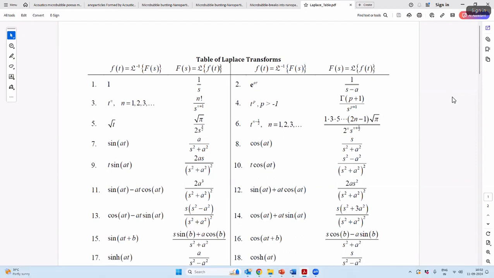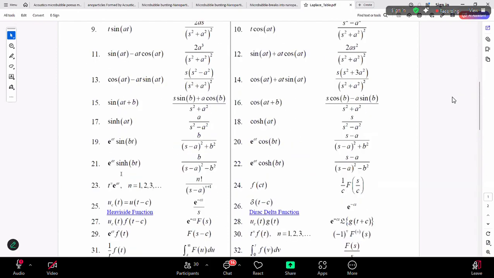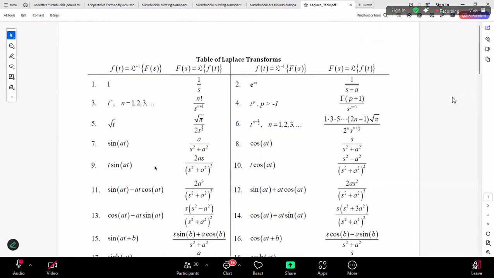If you have f(t), you can actually know what is F(s). And similarly, if you have the function in the frequency domain, you can have the corresponding function in the time domain. So there are several functions that are listed here. If you look at a Laplace transform table, you will find these functions in the time domain and correspondingly in the frequency domain.